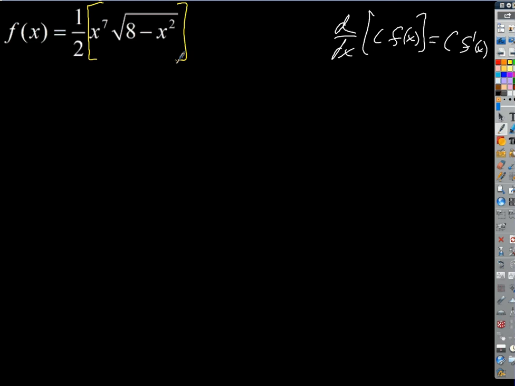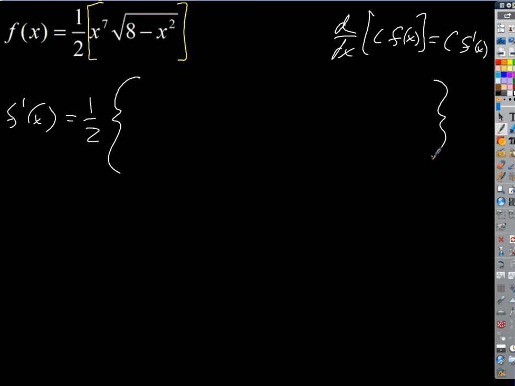Okay, so if we differentiate then, what are we going to get? We got our 1/2 out front. Leave that out there. What about the other part? What do I have to do to the radical? Okay, so a square root is just a 1/2 power, right?